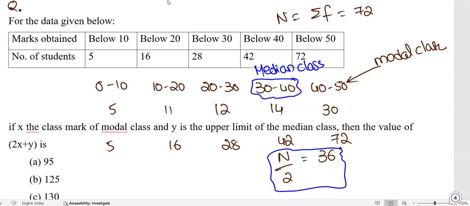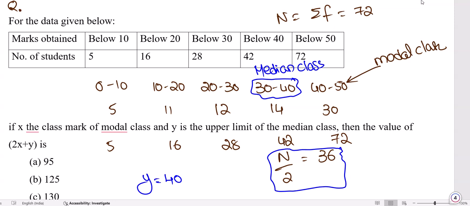Now with this data you work on how to calculate the class mark of the modal class. The upper limit of the median class is very easy for you. What is the median class? Lower limit 30, upper limit is 40. So y equals 40. But how to calculate class mark?